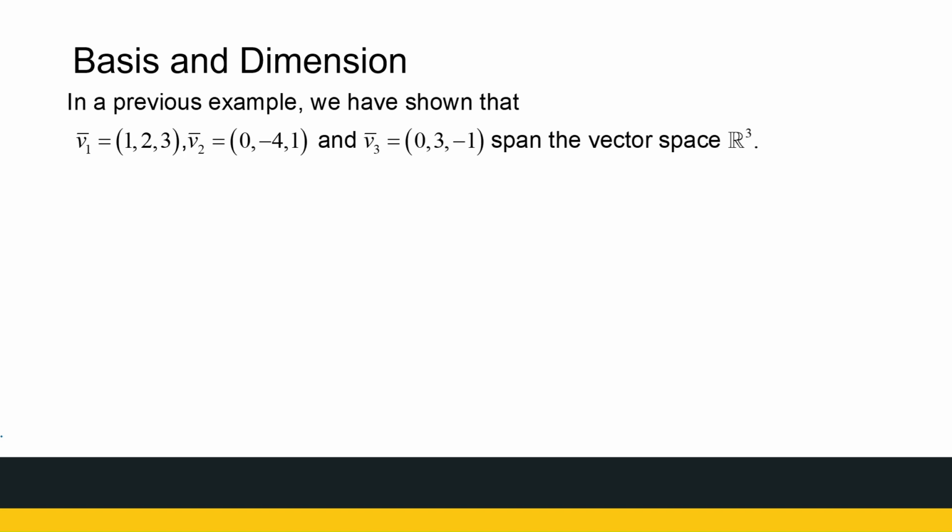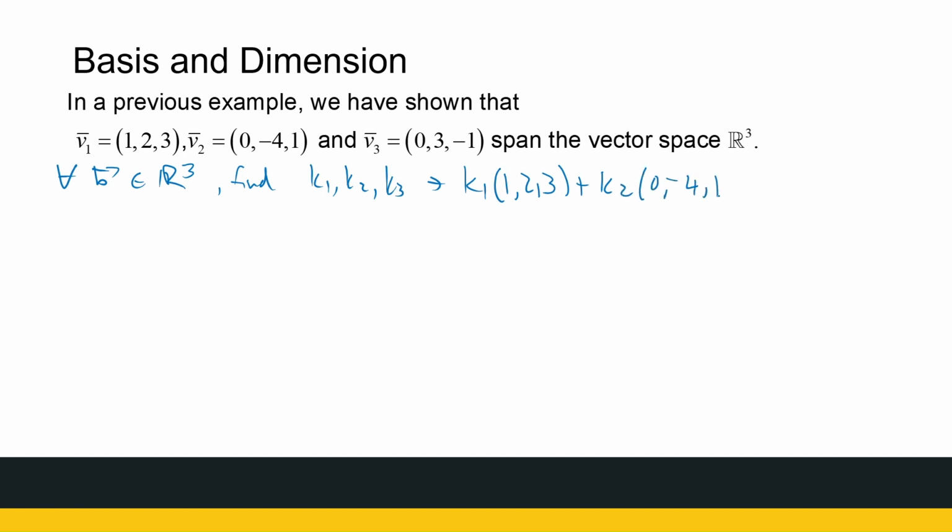So for every vector B in R3, I must be able to find a K1, K2, and K3 such that K1 times (1, 2, 3) plus K2 times (0, -4, 1) plus K3 times (0, 3, -1) is equal to that vector B.